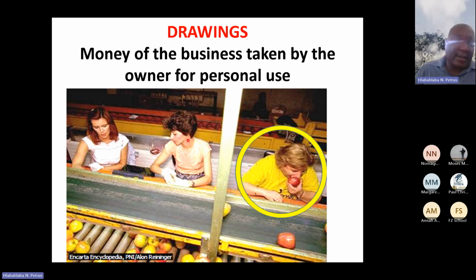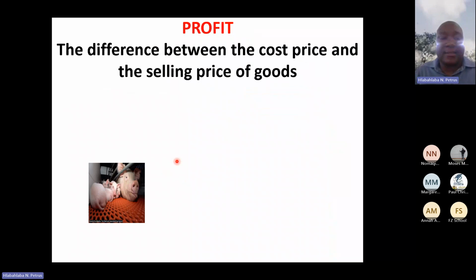Now she is eating that apple. So that money of the apple, if it is 5 rand, 6 rand, 9 rand, that money will be recorded as drawings. It won't be recorded as a loss or as a profit. It will be put aside as part of drawings so that we are able to trace how many drawings the owner is making during the day or during the course of the month.